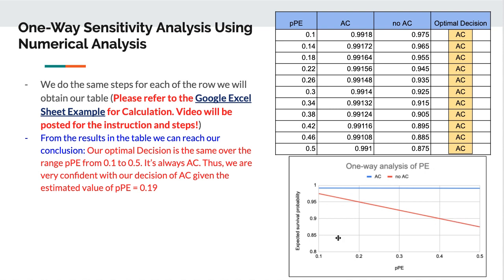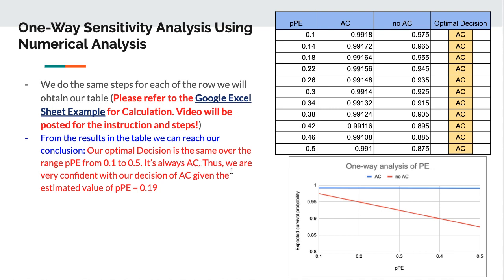We can see that within the range from 0.1 to 0.5, the value of the no AC option is always smaller than the value of the AC option. In other words, we can conclude that our optimal decision is the same over the range of PPE from 0.1 to 0.5, and that's the AC option.